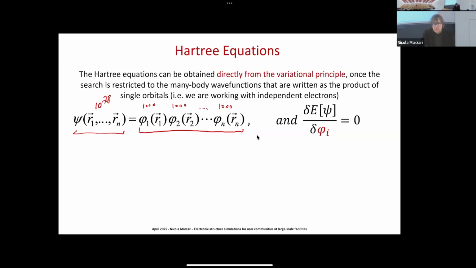So now, in this Hartree approximation, I can describe an approximate wave function for my 26 electrons with just 26,000 numbers. So it's an enormous simplification, from 10 to the 78 to 26,000. And okay, we don't know if this is a good approximation.